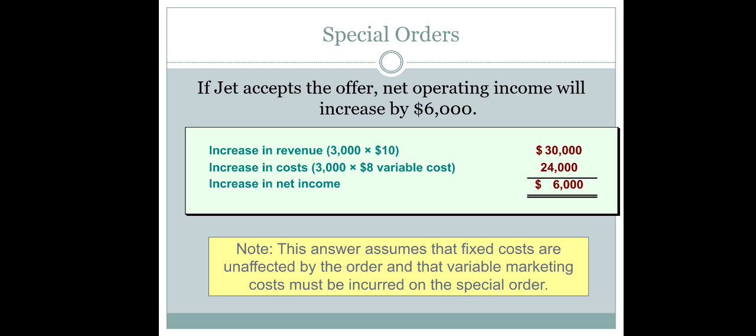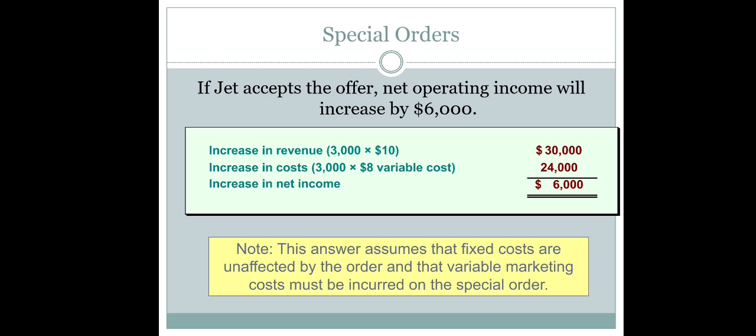In this example, Jet Incorporated, the capacity is 10,000 units per year. Now the company is producing only 5,000 units per year. If the company receives the special order, it will need to produce 3,000 units more. So the total production is 8,000 units. It is still within the capacity, so there is no change in the fixed cost.